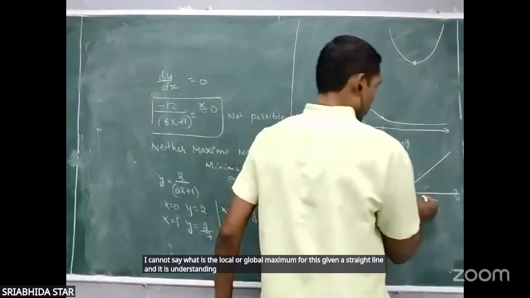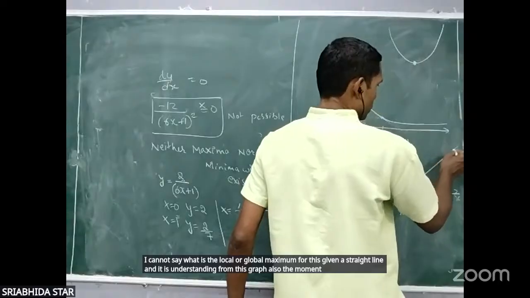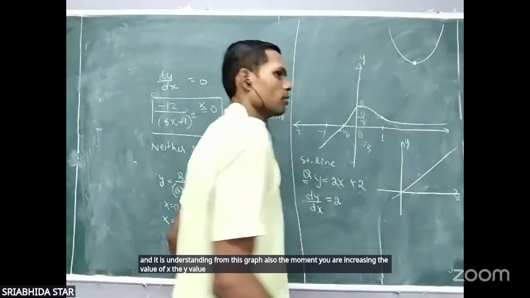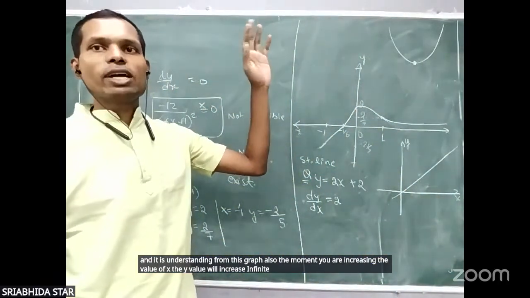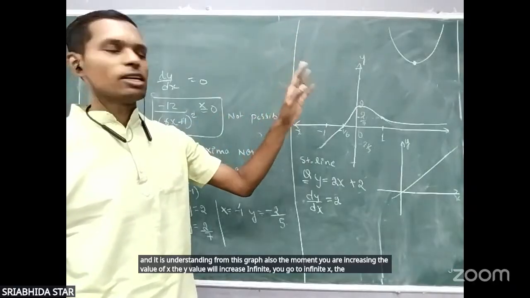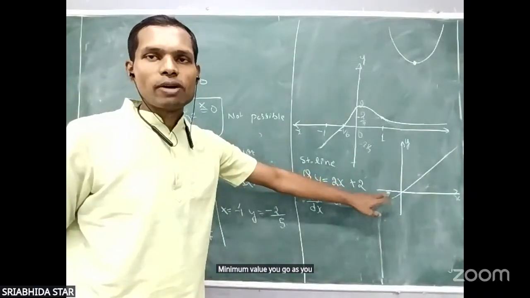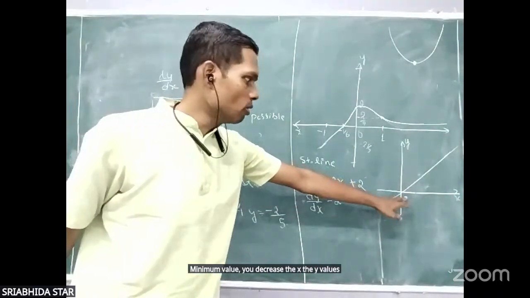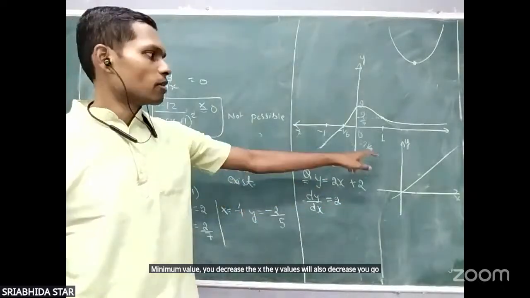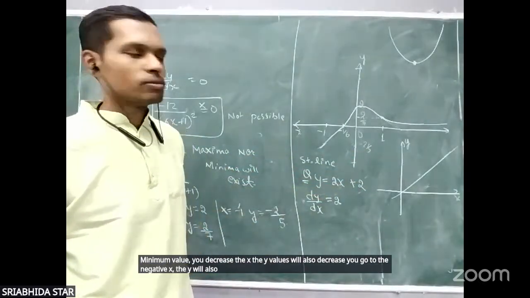And it is understood from this graph also, the moment you are increasing the value of x, the y value will increase. You go to infinite x, the y will also become infinite. You decrease the x, the y values will also decrease. You go to negative x, the y will also go to negative infinity.